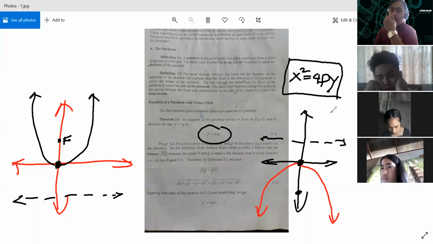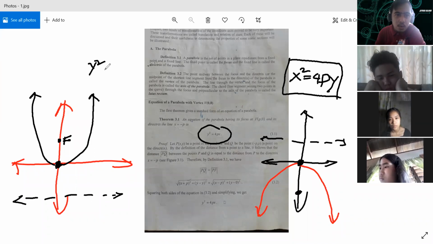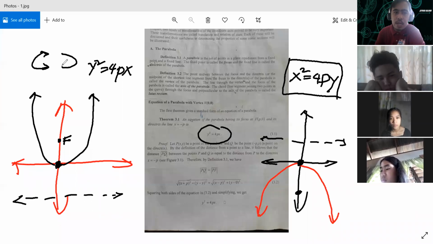Okay. Kanusa mahibawaan that your parabola is opening up or opening down or opening to the right, opening to the left? Remember, katong kaganihan nga akong giingon nga y squared equal to 4px. Remember, this parabola is either opening to the right or opening to the left.